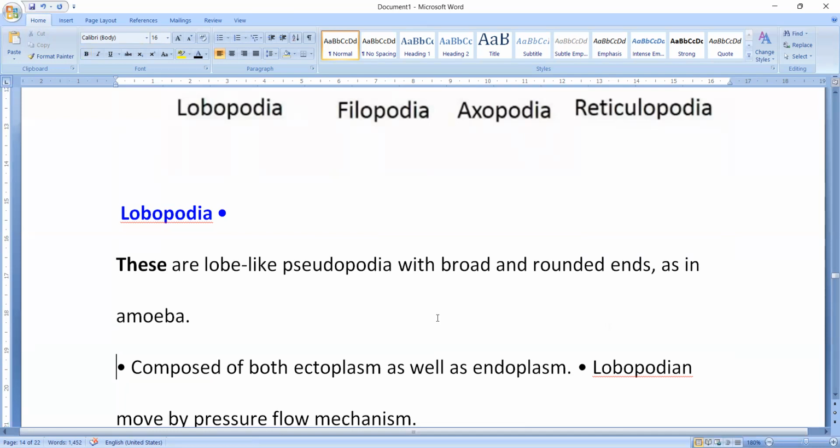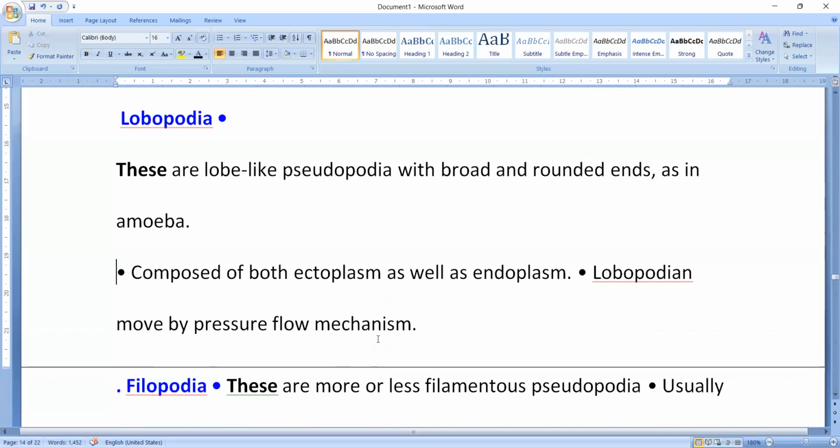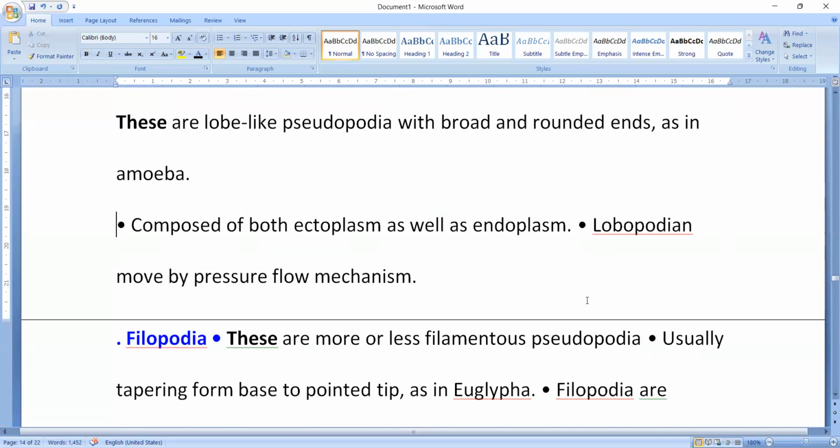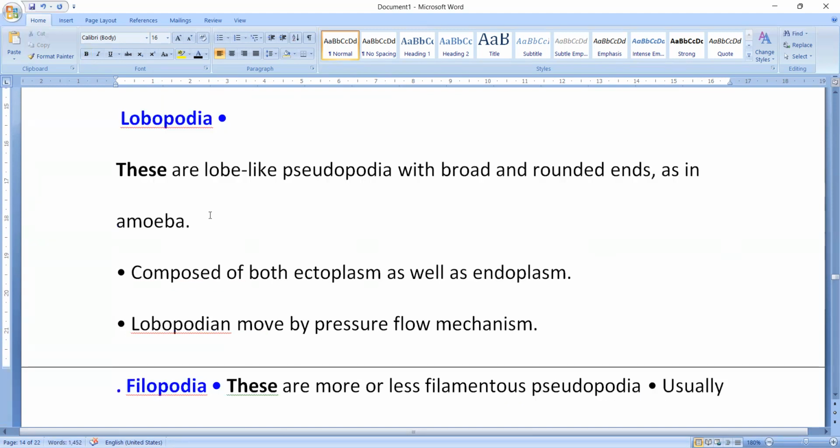Amoeba లో ఉన్నట్టుగా broad and rounded end ఉన్నటువంటి pseudopodia is lobopodia. Generally the cytoplasm is composed of both ectoplasm as well as endoplasm in the lobopodium. Lobopodia generally move by a pressure flow mechanism.